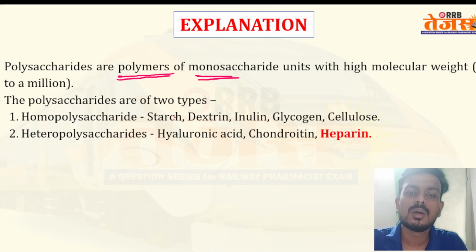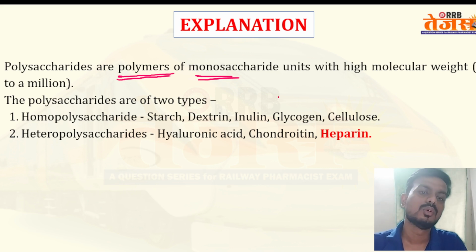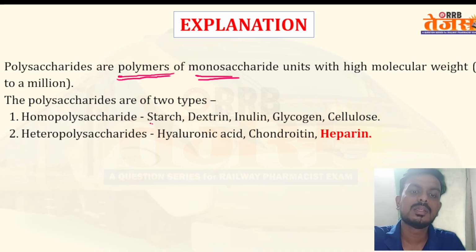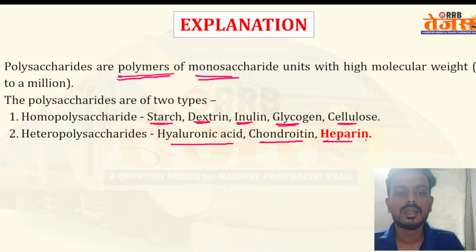The examples you have to remember: homopolysaccharides are starch, dextrin, inulin, glycogen, and cellulose. Heteropolysaccharides are hyaluronic acid, chondroitin, and heparin. Okay, let's move to the next question.